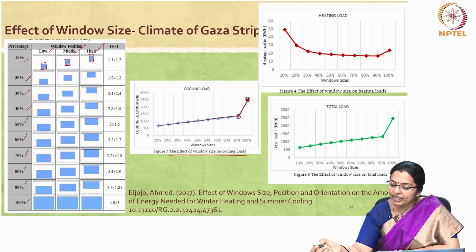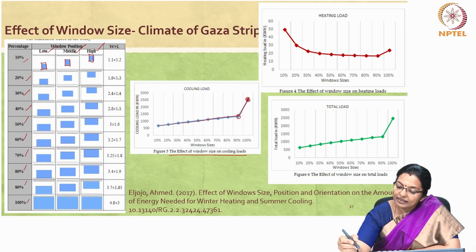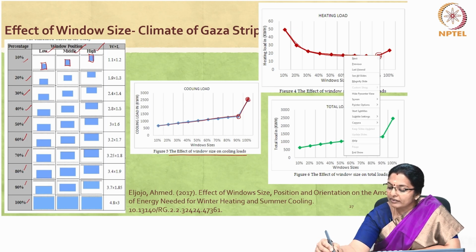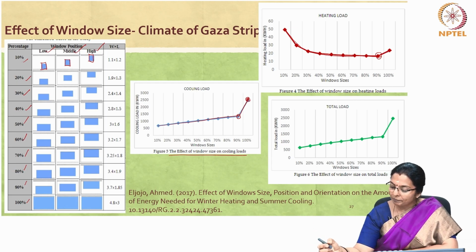If we look at the heating load, again the heating load comes down exponentially as a graph. The heating load comes down for up to 90%. There is a drastic reduction in heating load between 10% to 20%, and there is a sudden increase in heating load when the window opening increases from 90% to 100%.